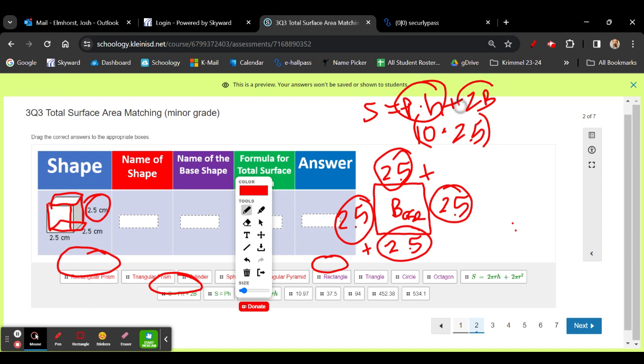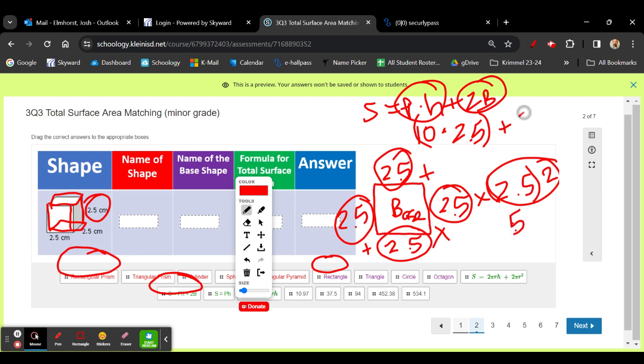Now we need to find 2 times the base area. So the base area is going to be 2.5 times 2.5, and then all of that times 2. So we could probably shortcut this just a little bit. 2 times 2.5 will give us 5.